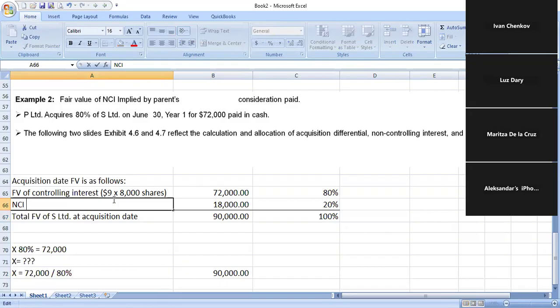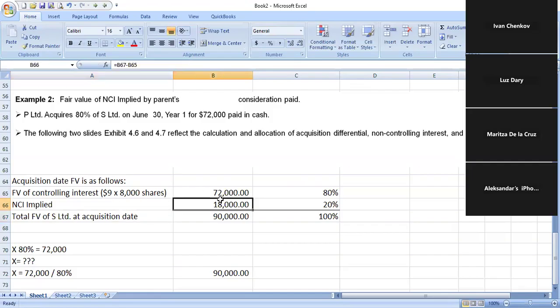It is implied because I don't know the fair market value of those 2,000 shares. So once I have this, what I have to do is the same calculation like before. So let's see, I'm going to copy that calculation. I'm going to flip it here, and you're going to have it here on the Excel spreadsheet.